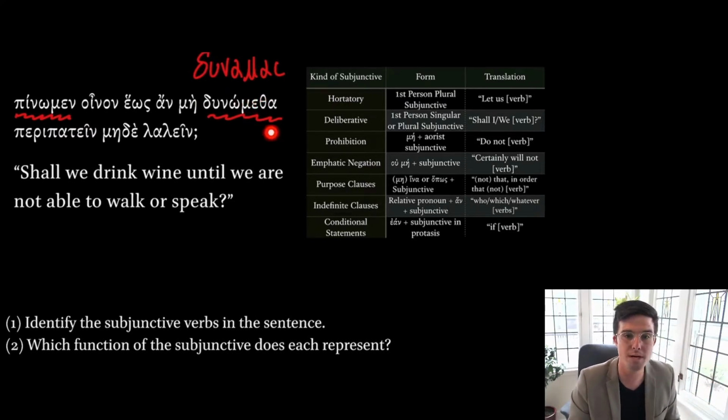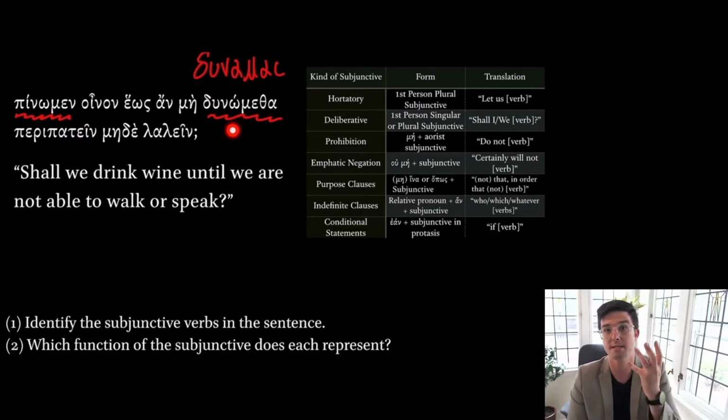So the reason I call attention to this is because a verb that is middle in the present indicative is also going to be middle in the present subjunctive. So just because it changes moods doesn't mean it changes the fact that it's middle deponent there. So I said that slightly wrong. I said a verb that is middle in the present indicative is going to be middle in the present subjunctive.